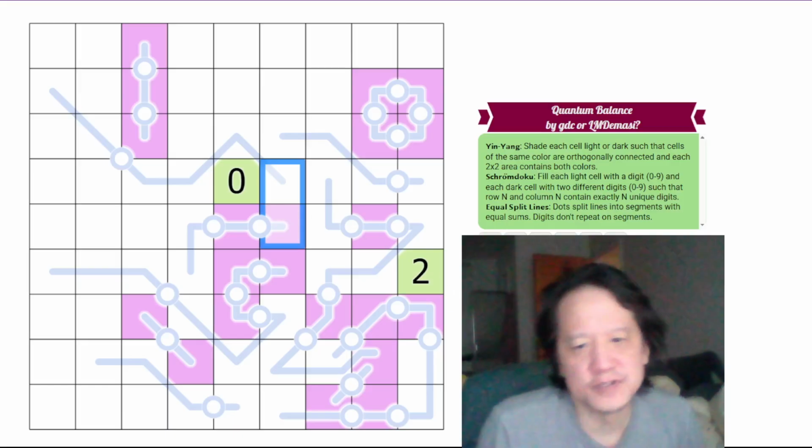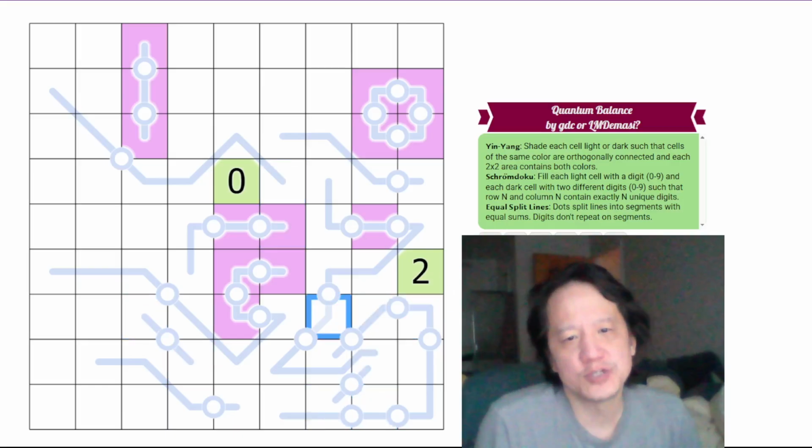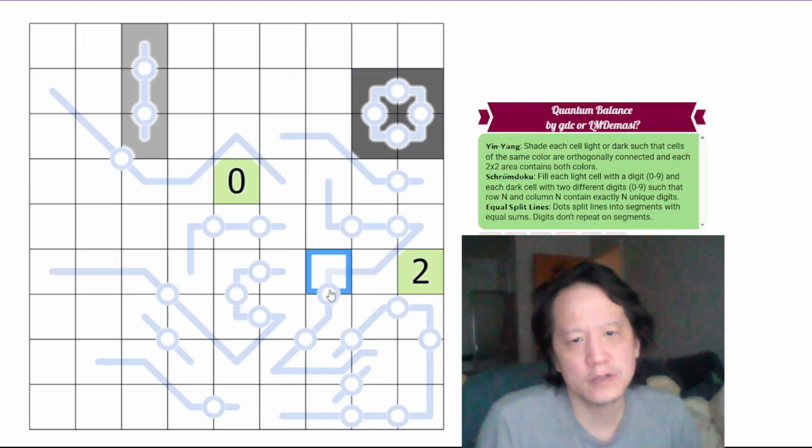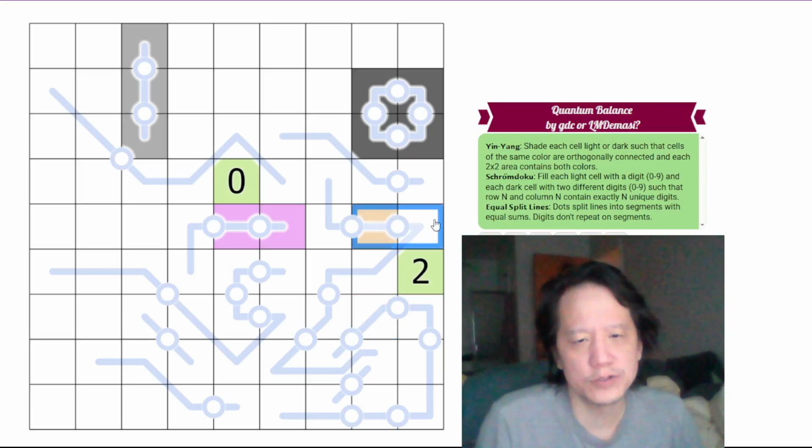But these are different same sums, so maybe we should mark them as unique. So we can't use blue and green. I guess we'll make that medium. This will be dark. This will be pink. Orange will be here. So orange and orange. These will make red.